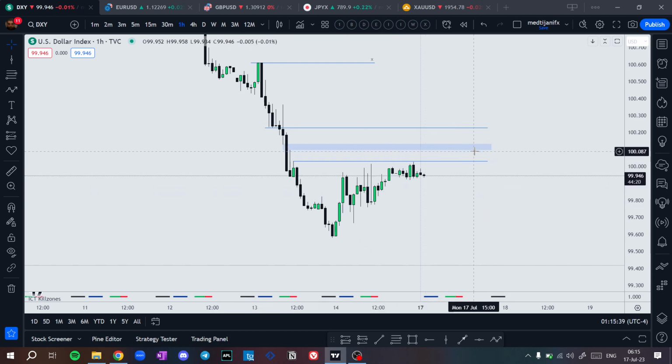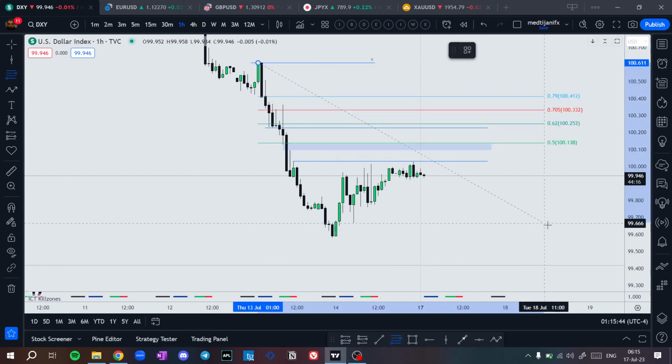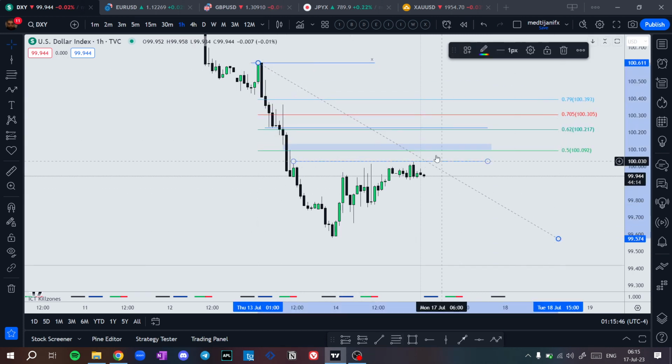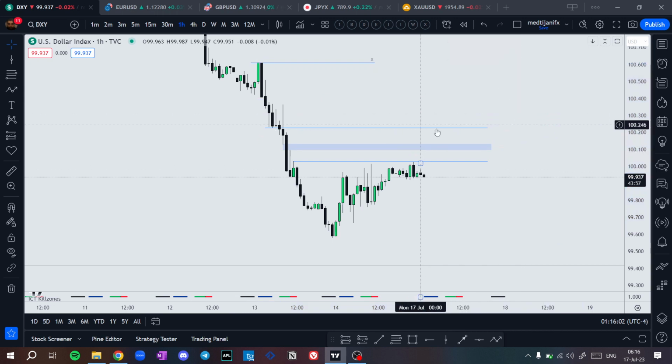For me, any level that is at premium first, because if we use this range to this low, we have to be at premium, and I prefer optimal trade entry as always. But if we have a 15-minute break of market structure, a shift in market structure, I'm going to look for an entry. We use the 15 minute break of market structure.